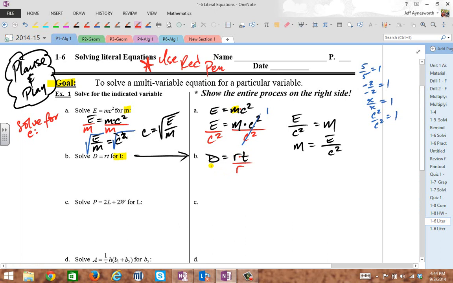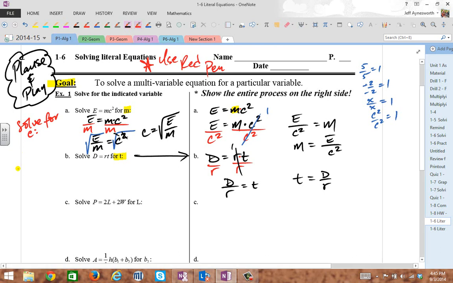Let's divide both sides by r. All right, r divided by r is 1. And we get distance divided by the rate is equal to time, t. Or in other words, t is equal to distance divided by the rate. You can switch the sides of the equation anytime you want. That's the same thing. Now that's solving for t.